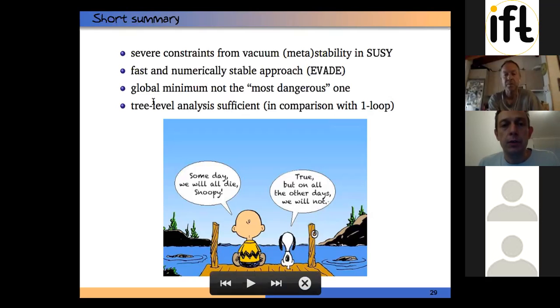And if the tree-level analysis is stable and gives good results, why would you want to go to a more complicated setup that at the end simply cannot provide the numerical results you wanted? So tree level is good enough. It finds the most dangerous one, and it's fast and stable. Thanks for listening. I'm happy for questions and discussion.